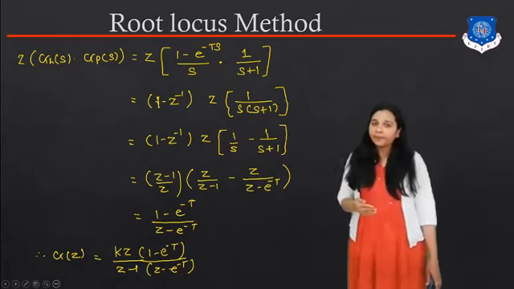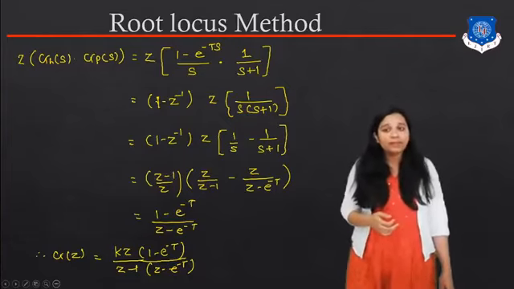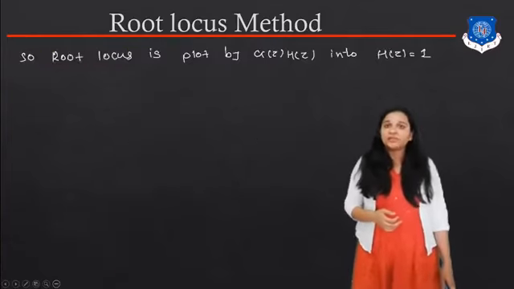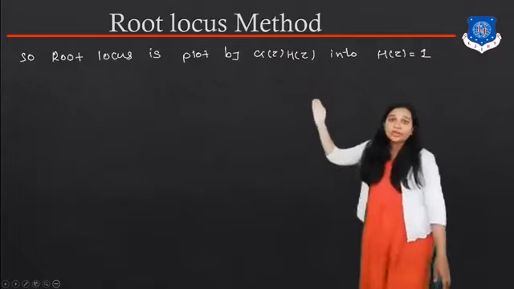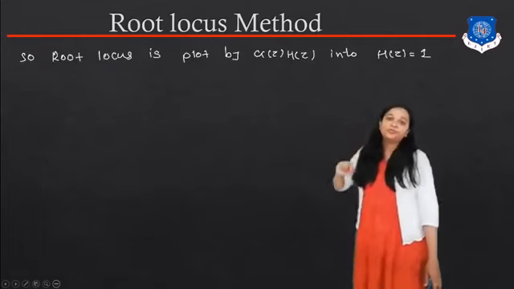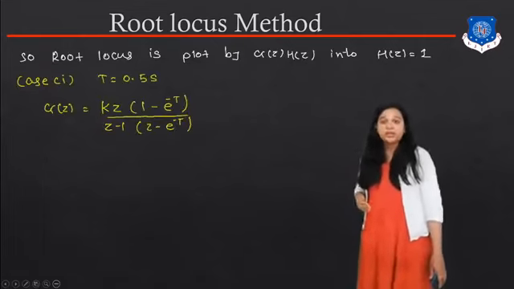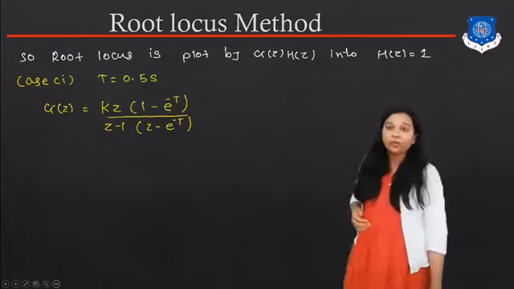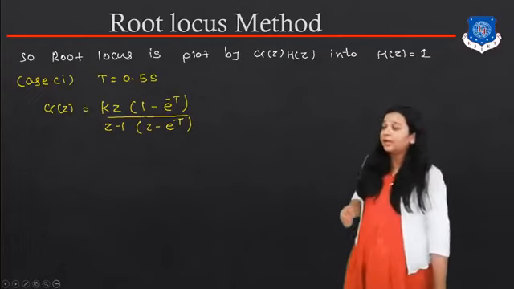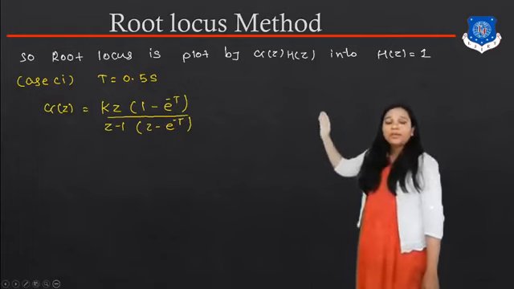Using this block diagram, as you know, the value of the feedback element is 1, so h of z is 1. Here the root locus is plotted using g of z into h of z equal to 1. Next we have to find the root locus. In this equation of g of z, the term t is given.